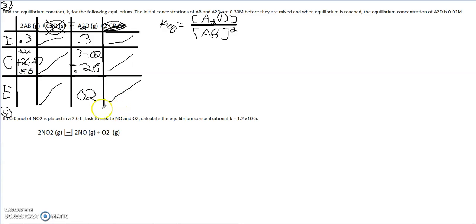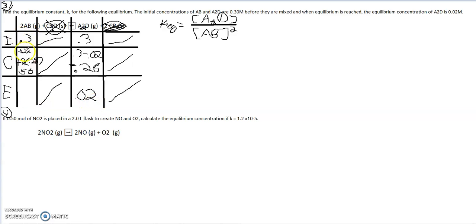Now, this final box down here is the total of everything here. So over here, this is filled in, you have 0.3 minus 0.02, giving you 0.28, minus 0.28 is a change. If you total 0.3 and negative 0.28, you end up with 0.02.